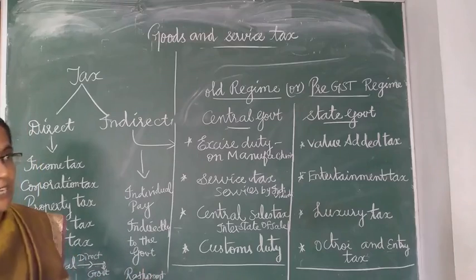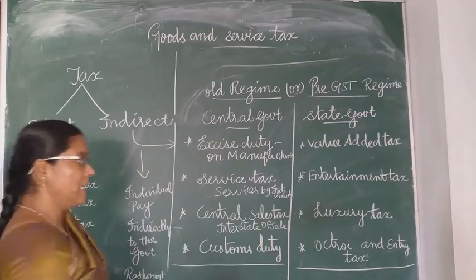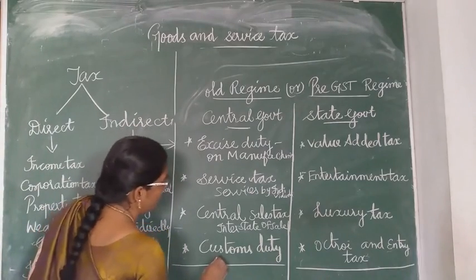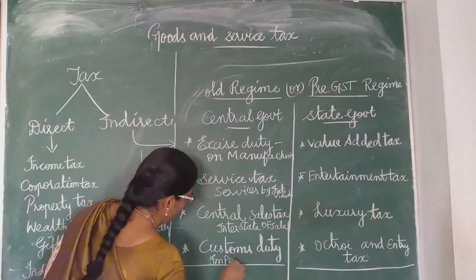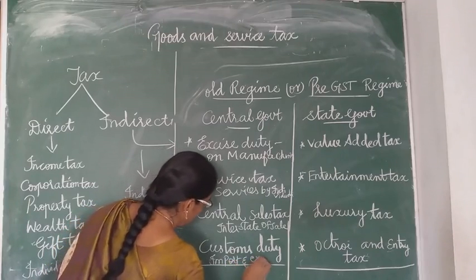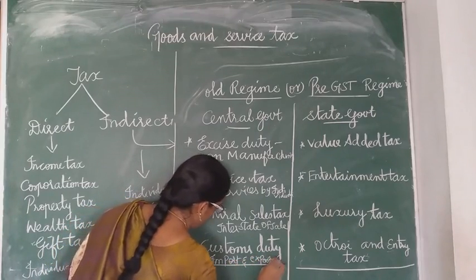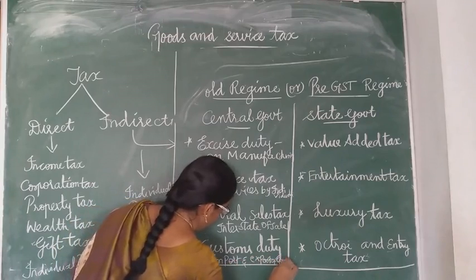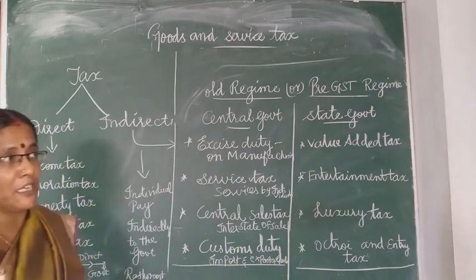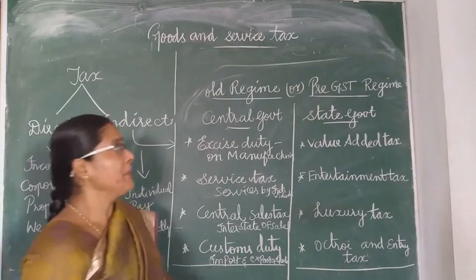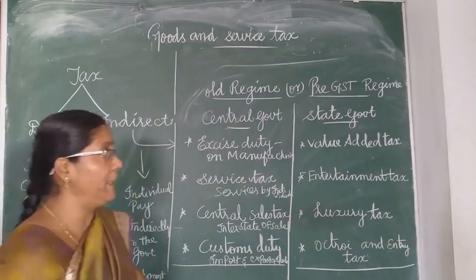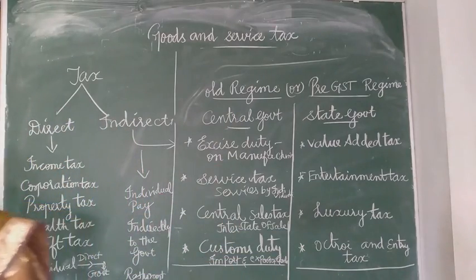If you want to get the goods, we have to pay the customs duty. So for import and export of goods, we have to pay the customs duty. These are all the taxes levied by the central government.